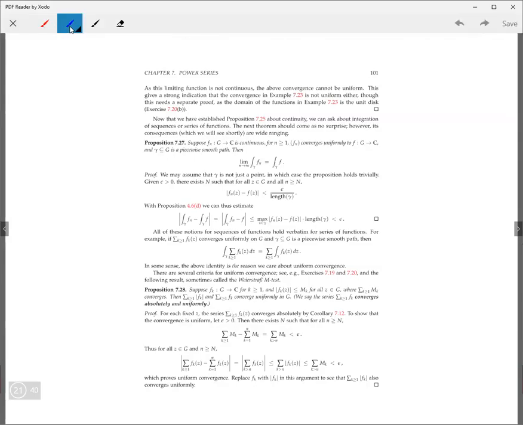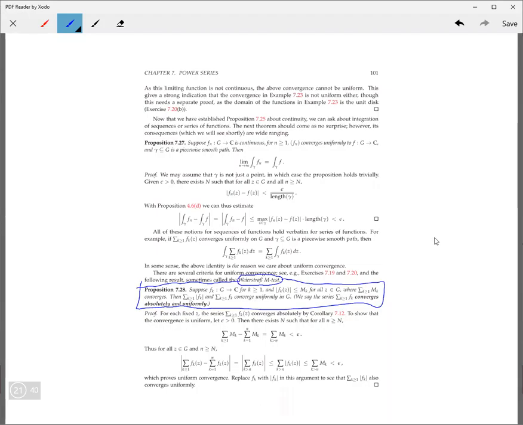Something that I do want you to know is this. It's called the Weierstrass M-test. Right here. So this is really important, and you're going to have to apply this on the exam. So basically, here's the gist of it.